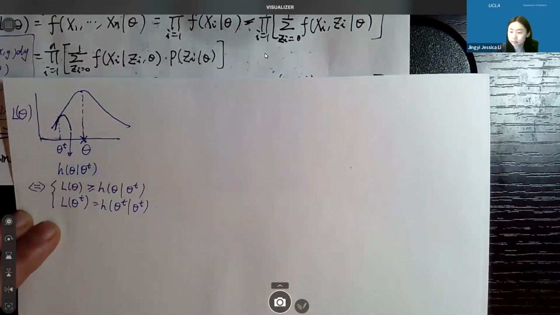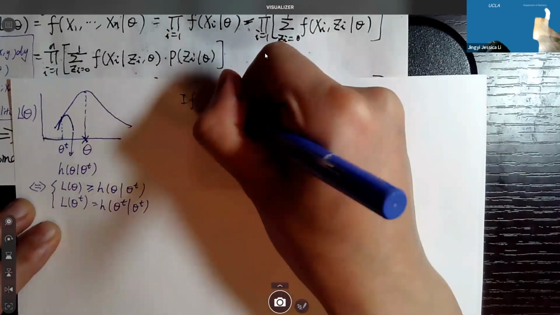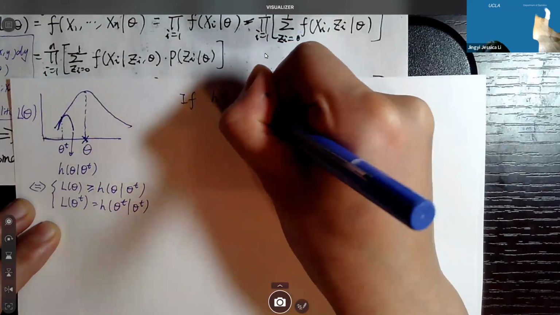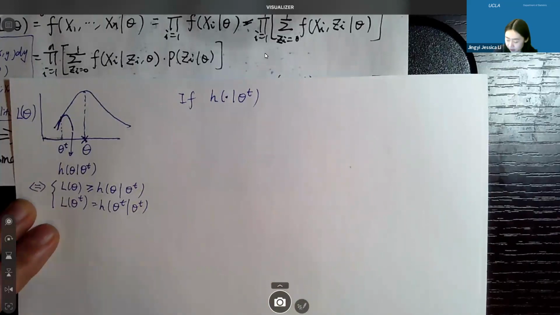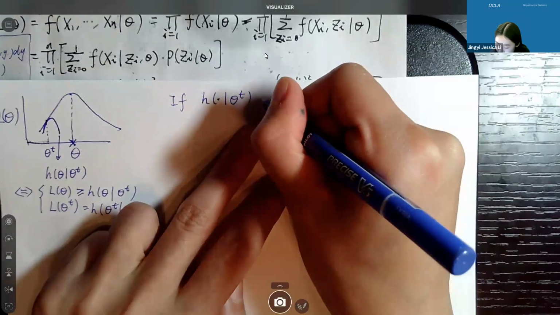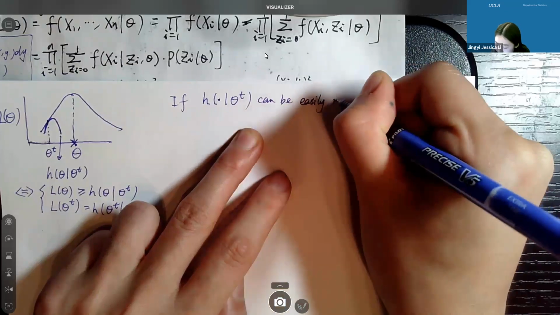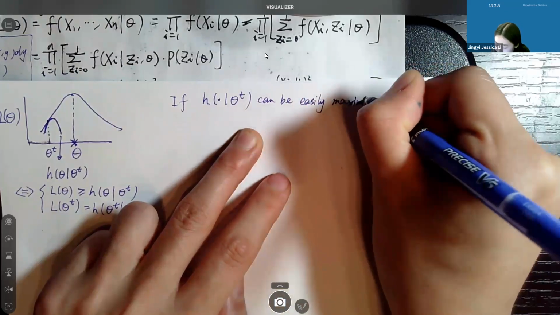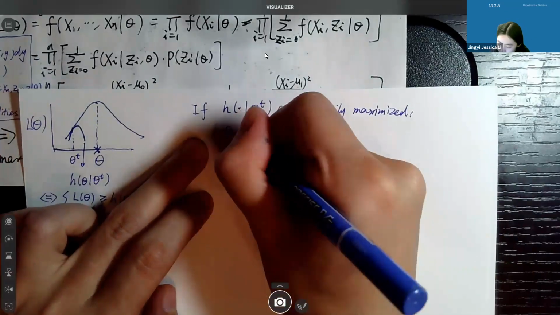So if we can find a function h like that, and if this h function can be easily maximized, where the dot means that this is an argument of this function, and this argument can be anything, and I will call this maximizer theta t plus 1.